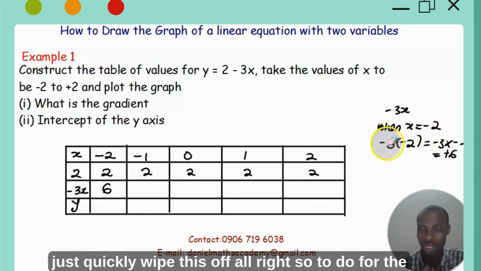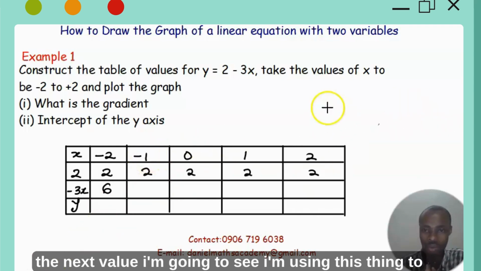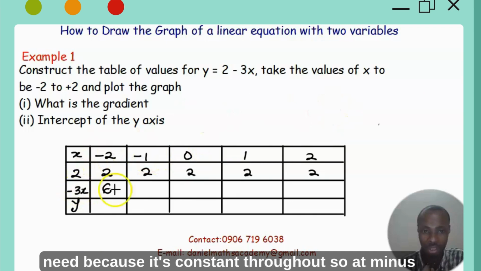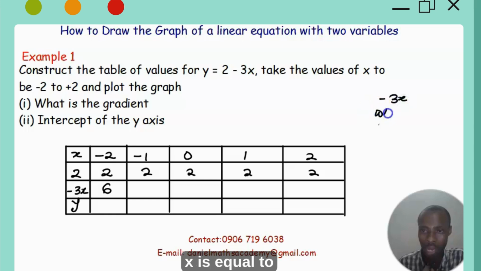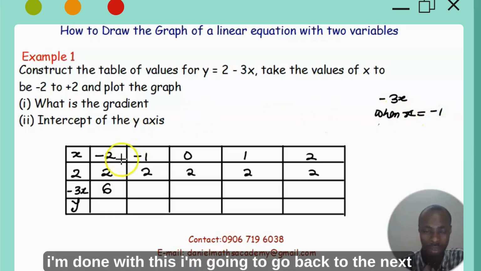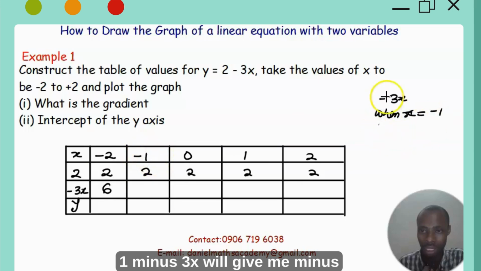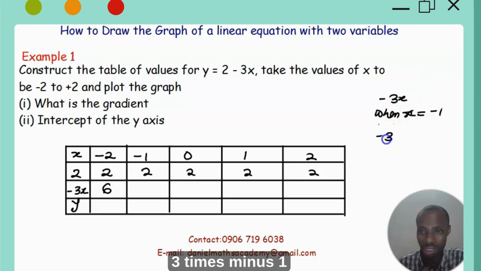So to do the next value, I'm still using this same constant because it's constant throughout. When x is equal to minus 1, minus 3x will give me minus 3 times minus 1.